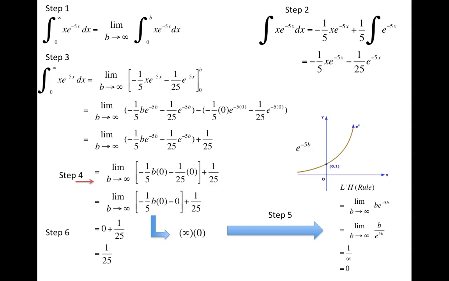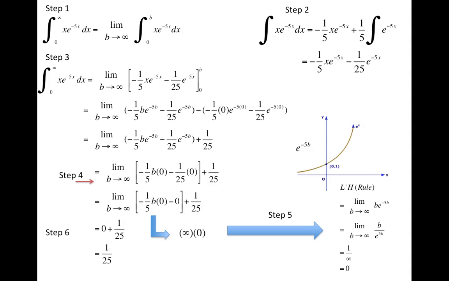As we differentiate b with respect to b, we get 1, and as we differentiate e to the power of 5b, we get 5 e to the power of 5b. We put aside the 5 in front of the e and look at the graph again.